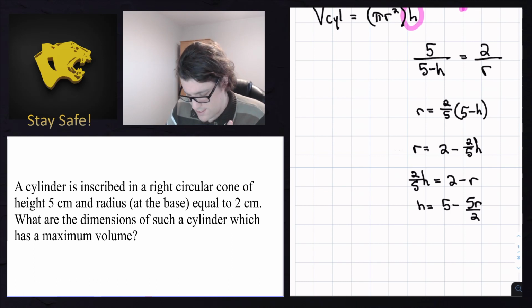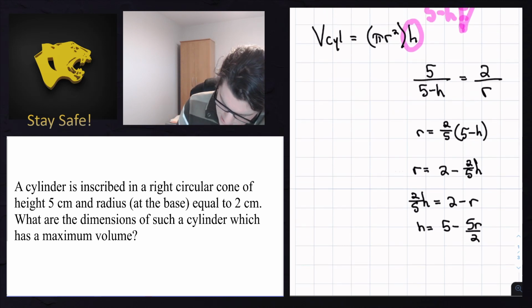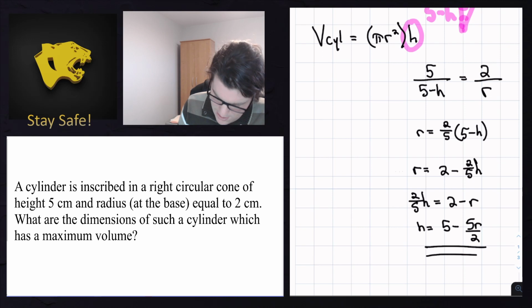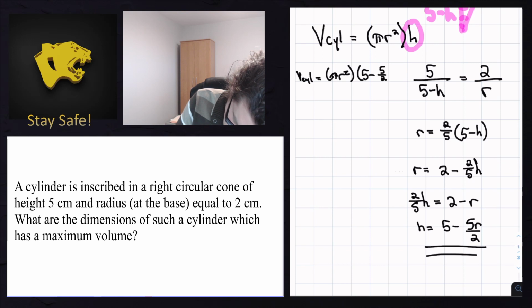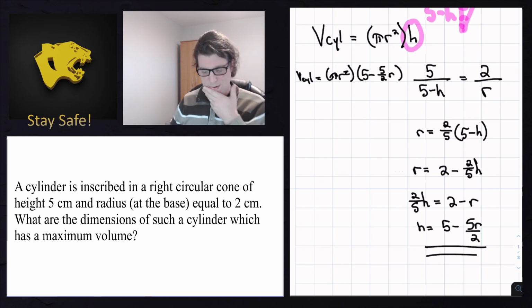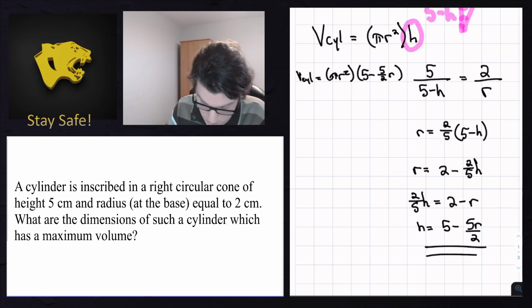And again, we could come up with a different way to describe that, but that's going to be fine. So I'm going to take this and use it as a substitution in my volume equation. So now we get volume of the cylinder is equal to pi r squared h, which h is actually 5 minus 5/2 r. And so now we have an equation that only has r in it.